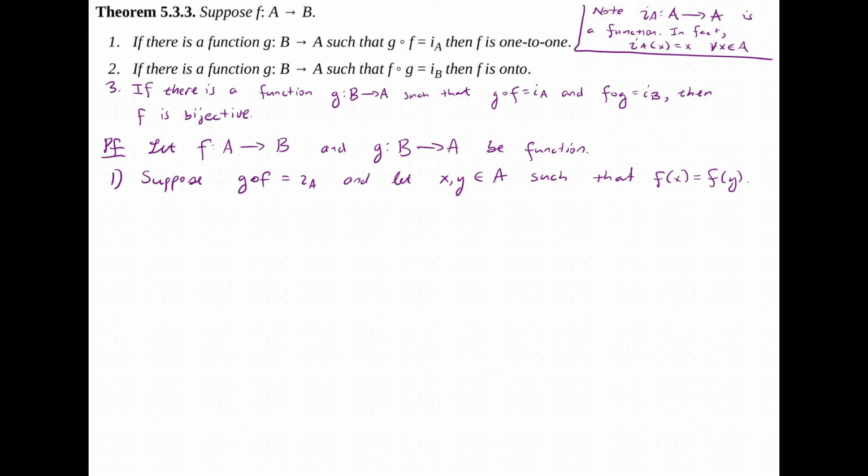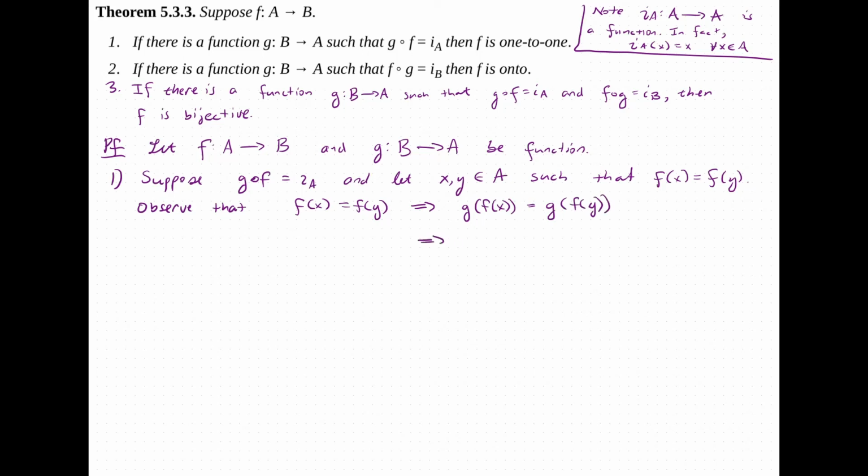So observe that f of x equals f of y implies that g of f of x is equal to g of f of y.